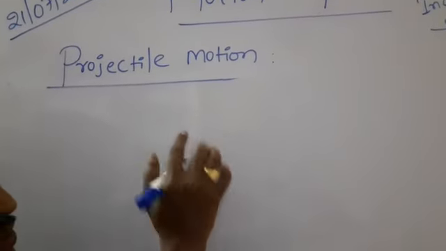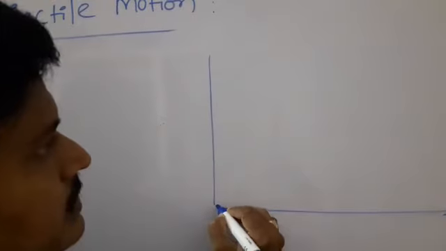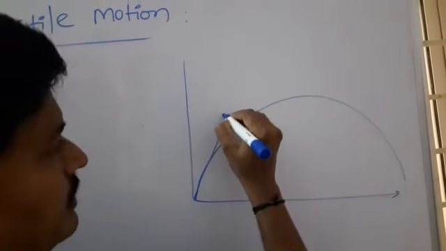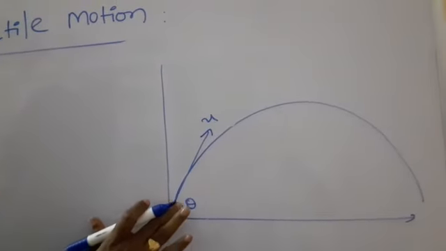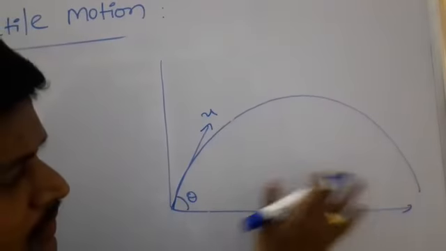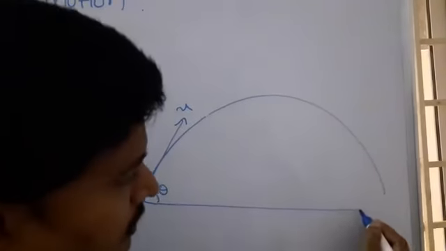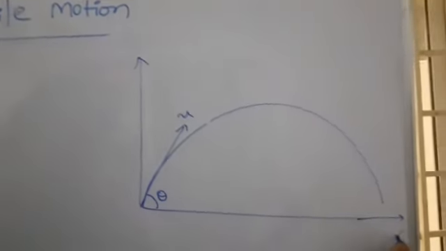In projectile motion, when a body is projected into the air making an angle theta with the horizontal, near the surface of the earth, the path followed by the projected body is a parabola.